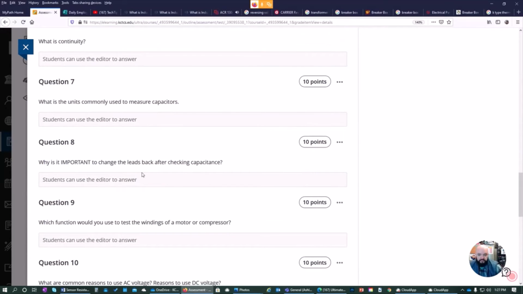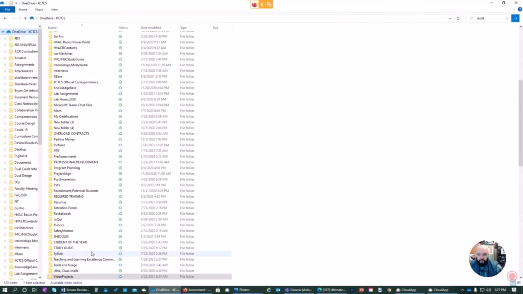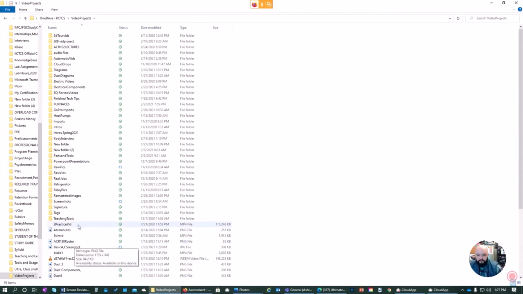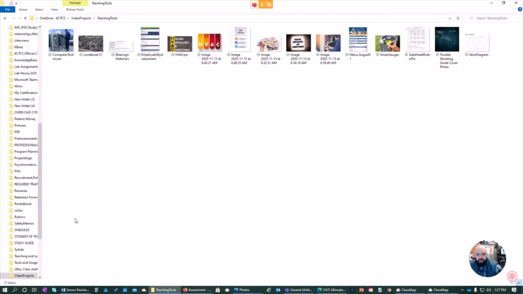Why is it important to change the leads back after checking capacitance? Oh, this is so very important. If you do not change your leads back, and the meter doesn't have an internal fuse on the circuit board, you will be guaranteed to blow that meter and it will be no good to you. If it does have an internal fuse, it'll save the meter, but you'll blow your fuse, and they're very specialized milliamp fuses.